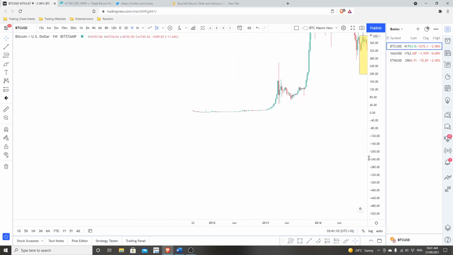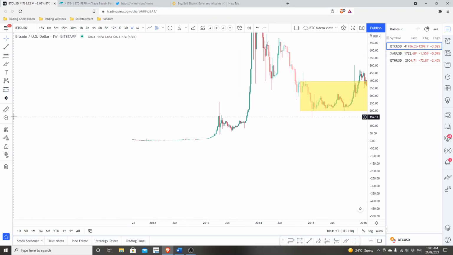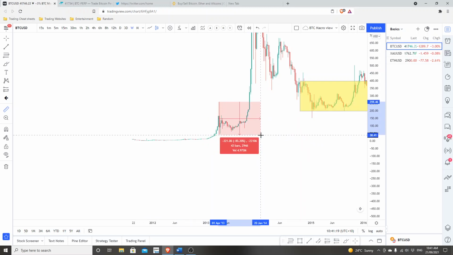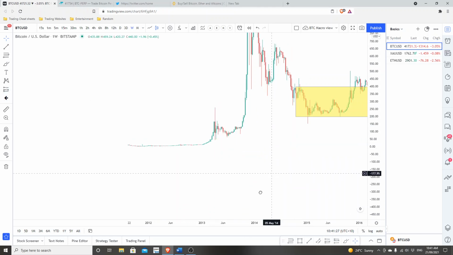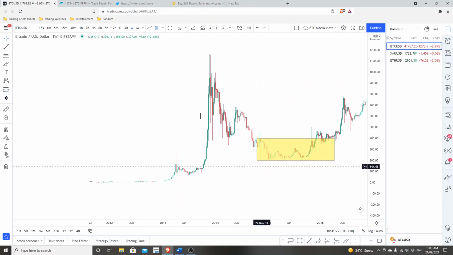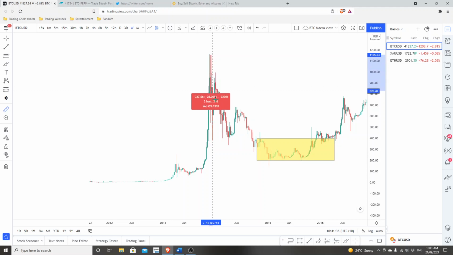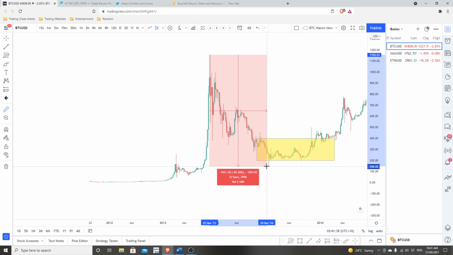Move the chart around. Alright, we use our measurement tool. We go from the top of that Bitcoin run to the bottom. What percentage did we lose? Around 83%. Alright, next one. We go to the top of that Bitcoin run all the way to the bottom.